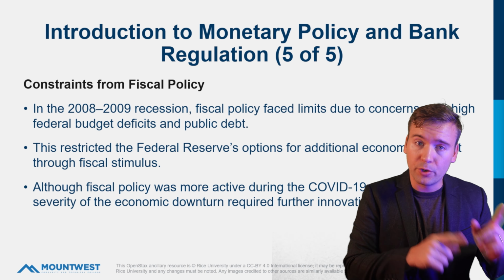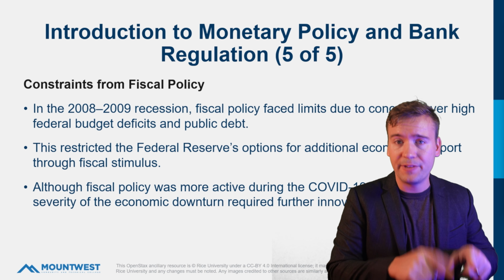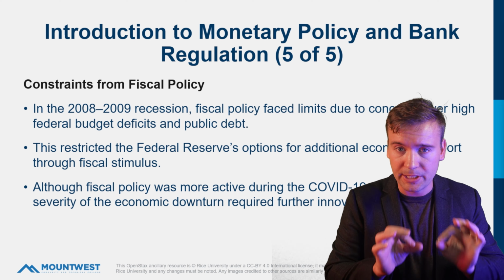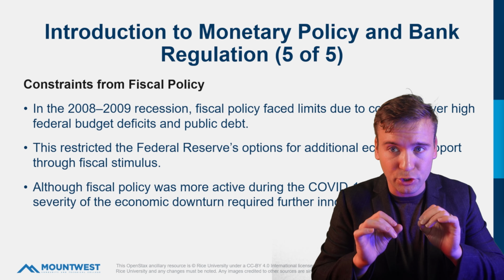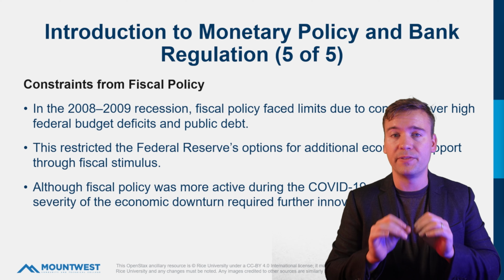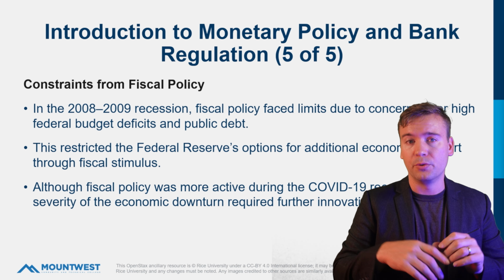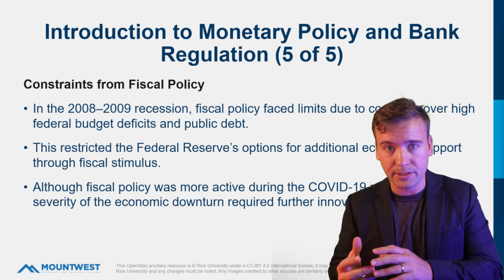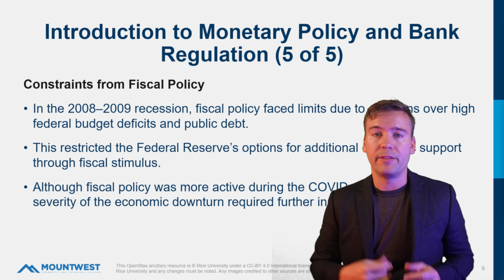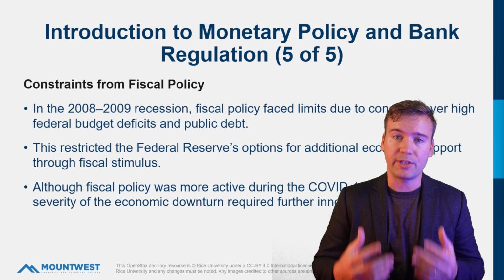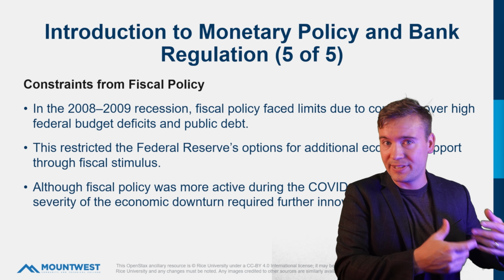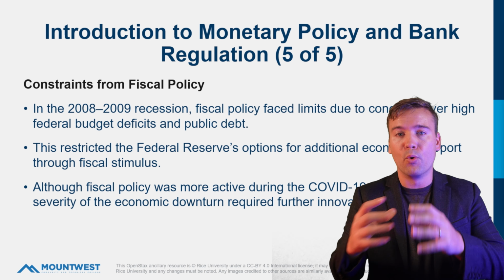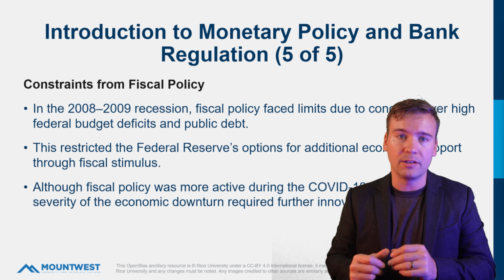So during the 2008-2009 recession, fiscal policy faced limitations like the one we just described. Fiscal policy is what happens through Congress and the president. Those are the elected officials. There were concerns about skyrocketing the federal budget and federal budget deficits and putting more public debt into our system.